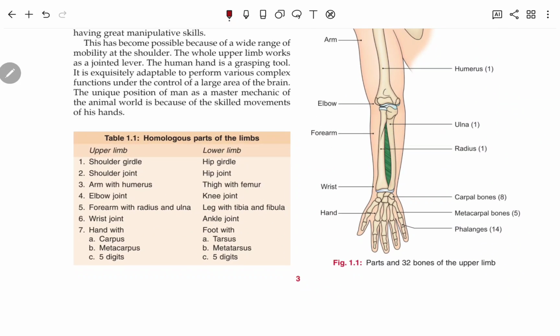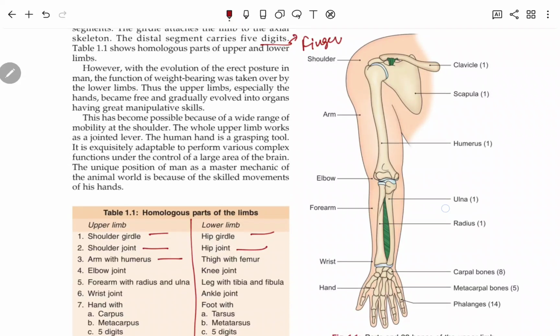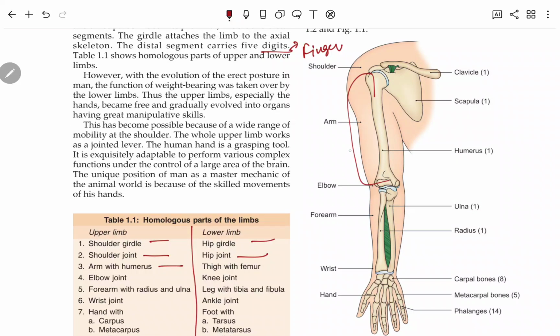So now it's compared. The table is of comparison: in the upper limb there is the shoulder girdle, in the lower limb there is the hip girdle. The girdle is the socket, like the shoulder joint, and the hip joint in the lower limb. Arm with the humerus bone.